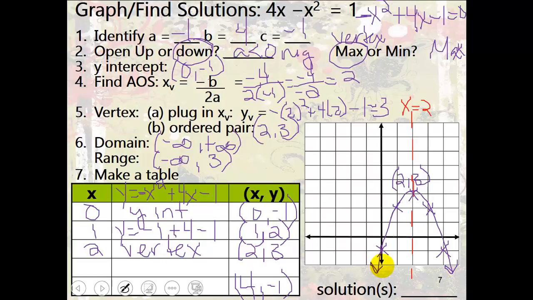And so my solutions, my roots will be between 0 and 1 and 3 and 4. Between 0 and 1 and 3 and 4. Because here this is going to be at (3, 2). Okay.